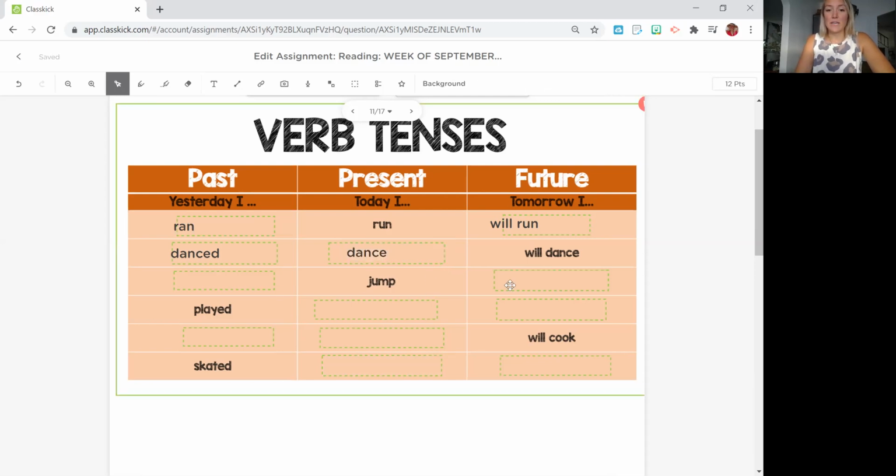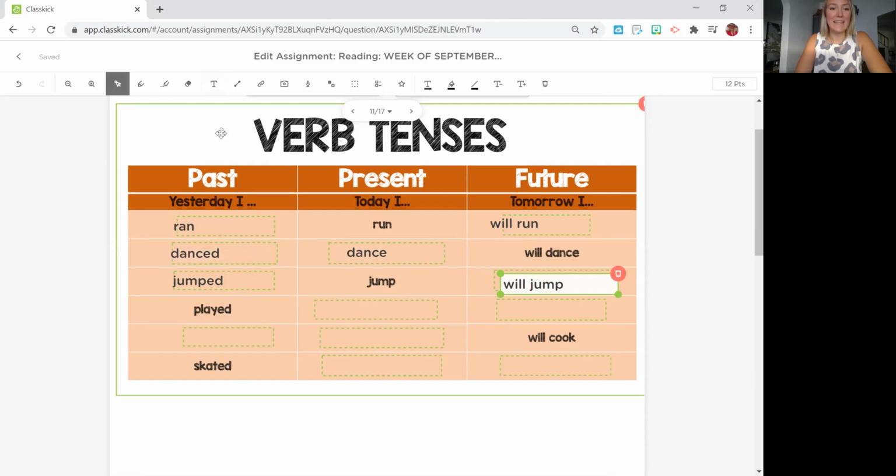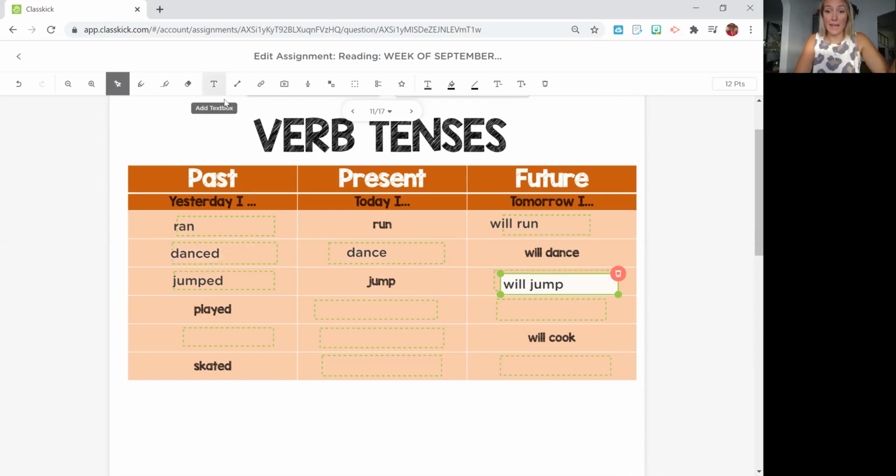Now our next verb is jump. Yesterday I jumped. It has the suffix ed, jumped. Tomorrow I will jump. Our next verb is play. Yesterday I played.